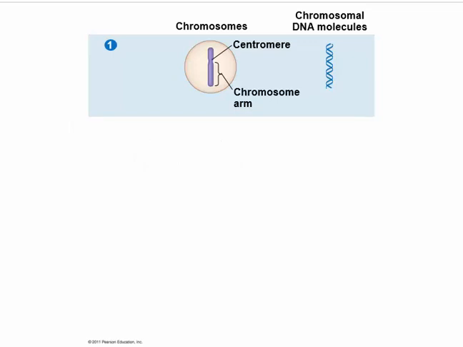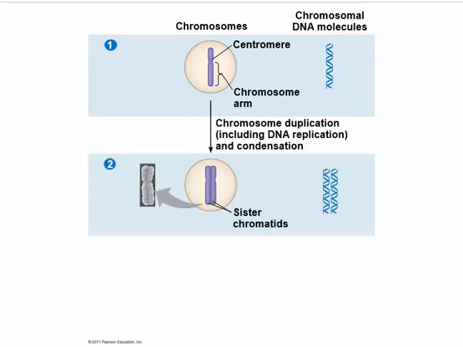So let's look now at what happens during cell division and chromosome replication. We'll just focus on this organism, hypothetical organism that just has this single chromosome just for convenience. And we can think about how much DNA is present at each step as well. So after leading into cell division, the DNA will be replicated and then it will condense, and then you get your condensed sister chromatids here like we've seen before.